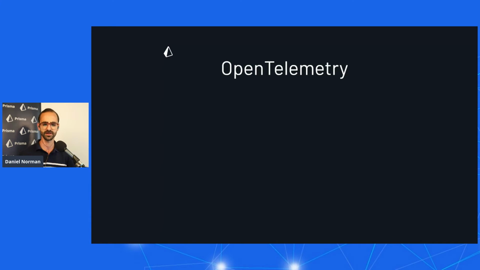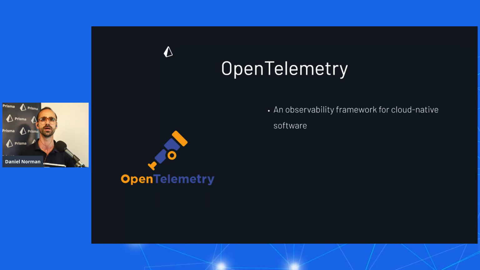And in the beginning, I mentioned Prometheus and showed an example. And it's worth noting that since then, the space of monitoring and observability has really evolved a lot. And this brings me to OpenTelemetry. So the OpenTelemetry standard is a new observability framework for cloud-native software and provides libraries, APIs, and SDKs for telemetry, observability, if you will.